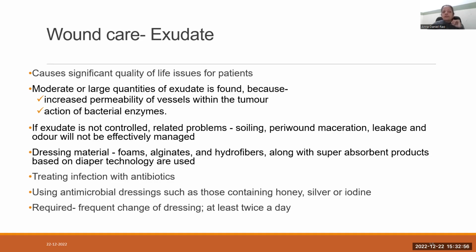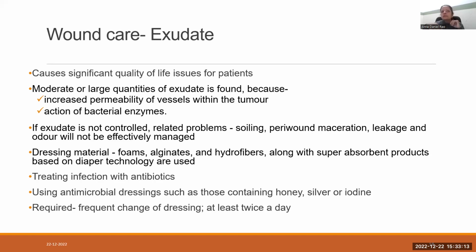If the exudate is not controlled, all the other related problems will be there. Flies will be attracted, they will seed and produce maggots. Then soiling of the dressing is always there.